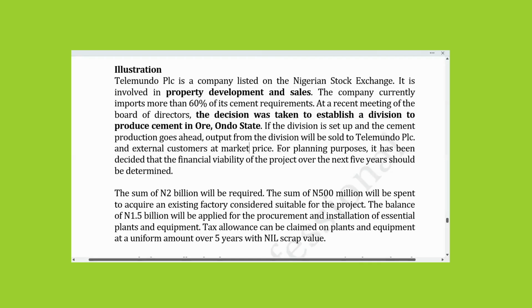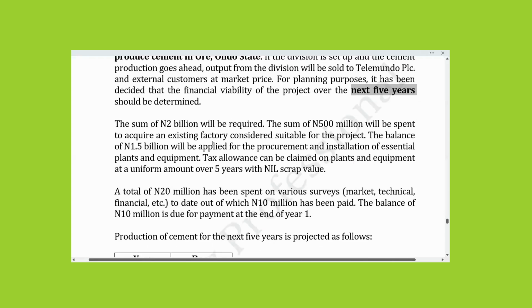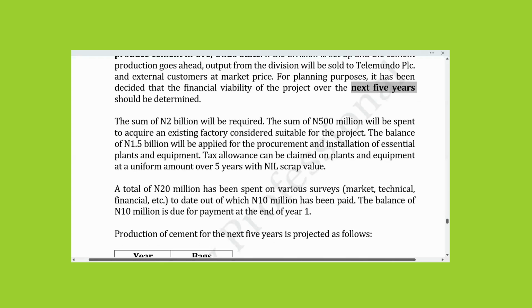For planning purposes, it has been decided that the financial viability of the project over the next 5 years should be determined. The sum of 2 billion naira will be required. The sum of 500 million will be spent to acquire an existing factory considered suitable for the project.